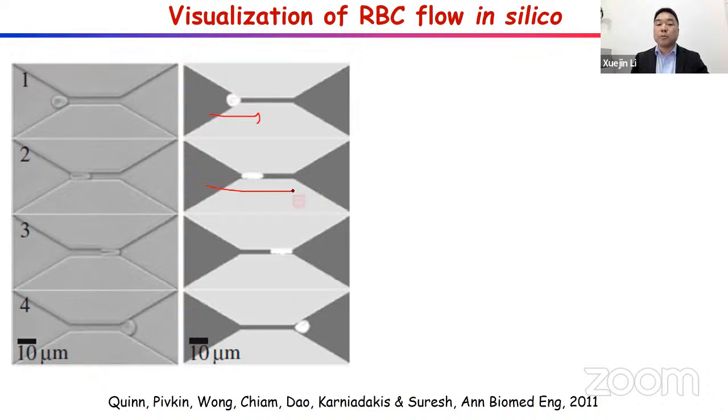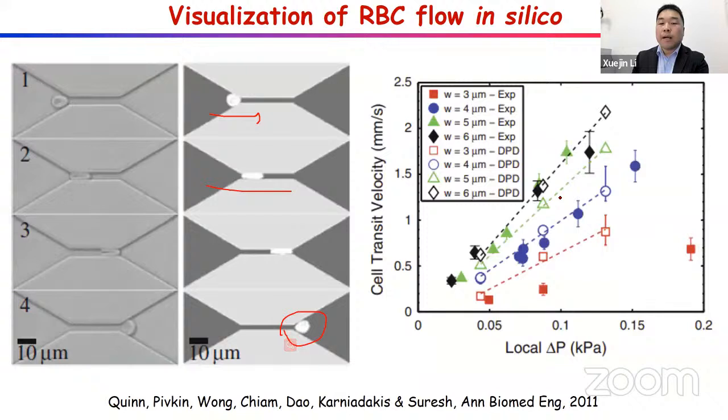And after the red blood cell exits the channel, it can get back to its biconcave shape, as shown here. We can also analyze the pressure-velocity relationship for cell flow across channels. See the right figure here. We can find that the simulation results are consistent with the experimental measurements. They show similar trends.